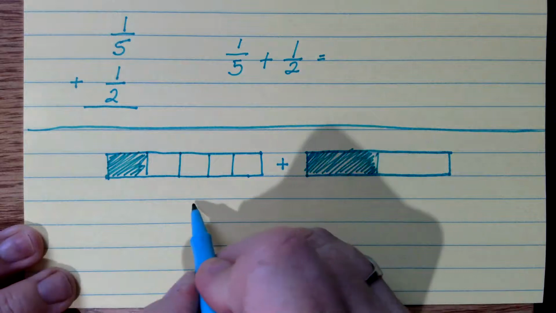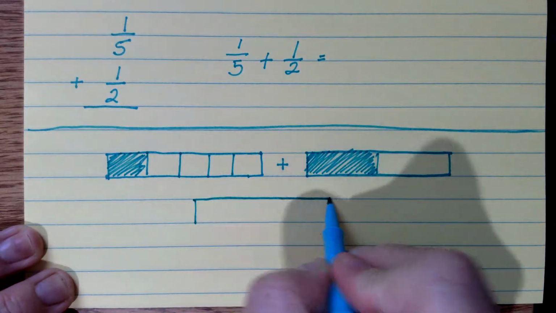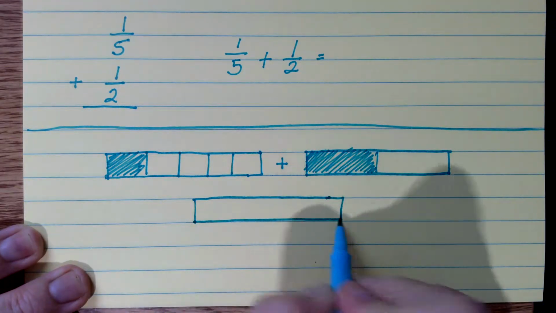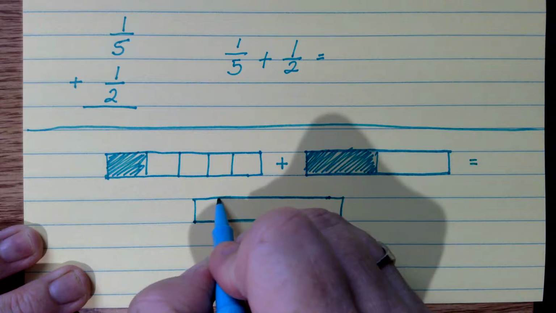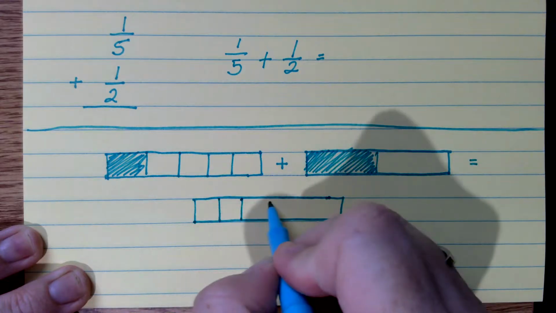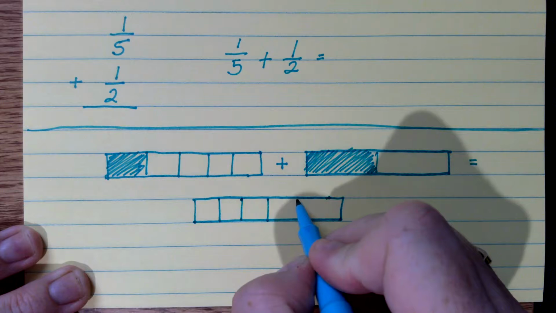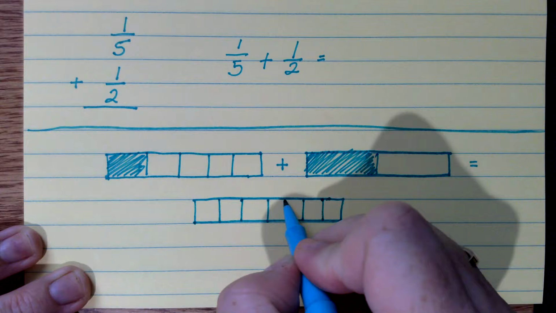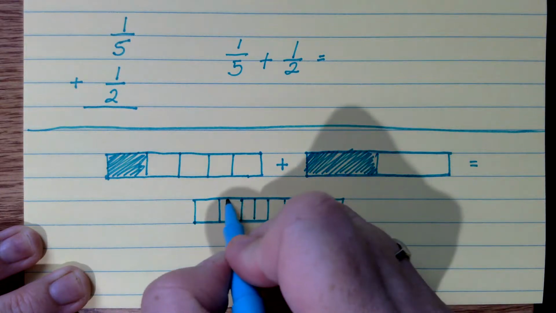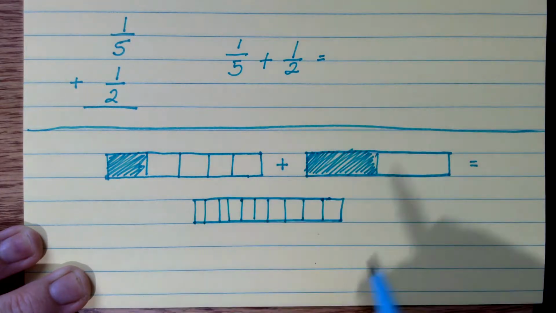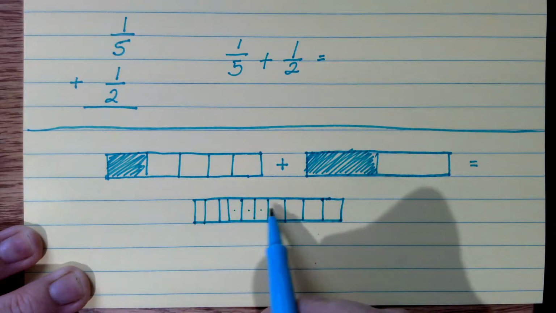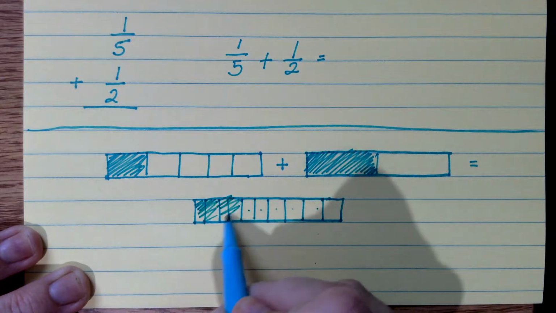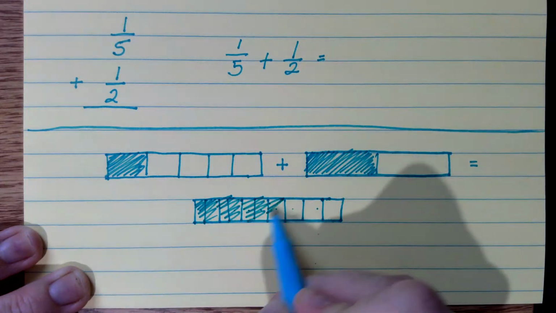And then it equals... We can divide. Again, you pretend like all the pieces are the same size. Mrs. Cito didn't do a very good job. 1, 2, 3, 4, 5, 6, 7, 8, 9, 10. And we're going to color in 2, 4, 6, 7/10.